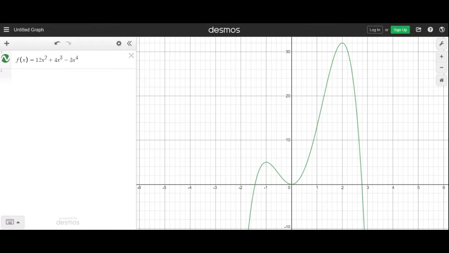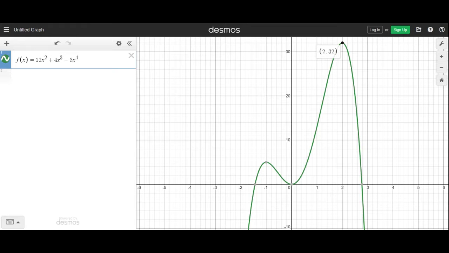Now let's talk about range. The range is all the y values. We'll notice that our graph here goes all the way down to negative infinity. It's going to continue on forever down to negative infinity. So we need to start our range at negative infinity. And then we need to figure out what's the highest value of y that this function hits. Well, in Desmos, it actually will mark these highest points for us.